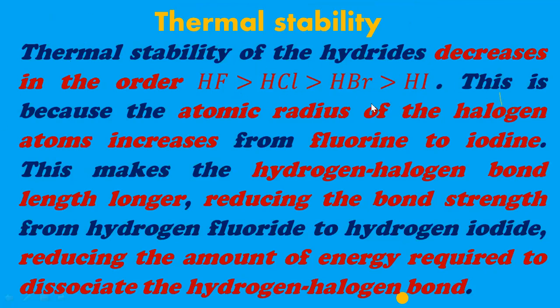The thermal stability decreases because the atomic radius of the halogen atoms increases from fluorine to iodine, and that makes the hydrogen-halogen bond length longer, which reduces its strength. So when the length increases and the strength reduces, those bonds can easily be dissociated with the increase in temperature. We shouldn't waste a lot of time on that.